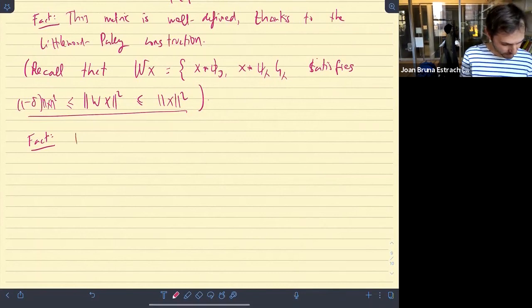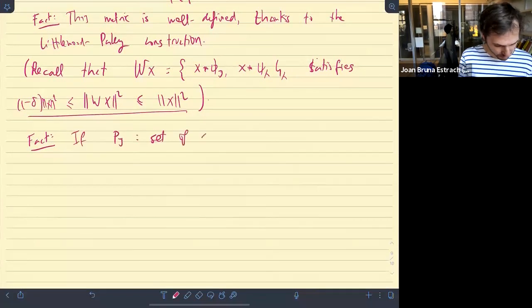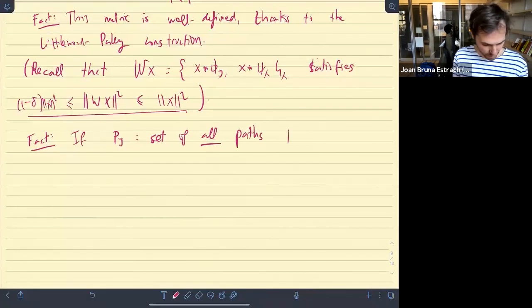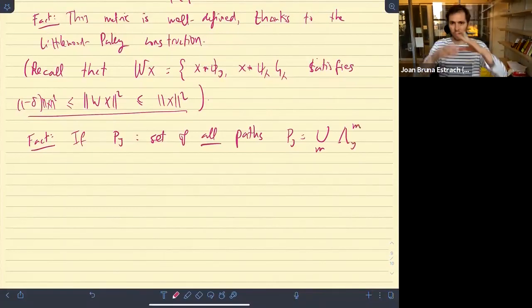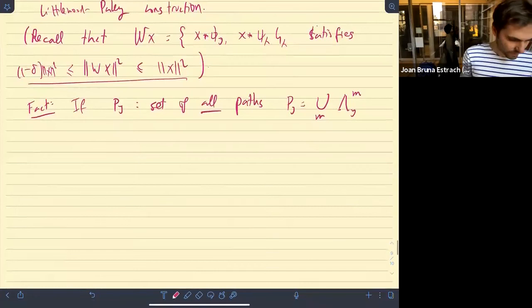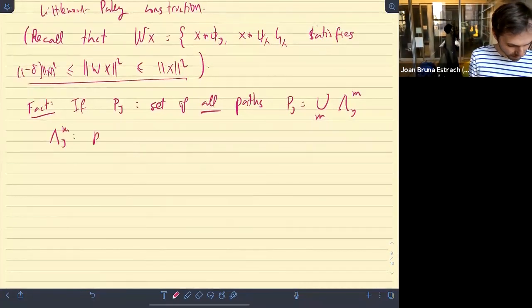If PJ is the set of all paths, basically I just look at PJ, which is the union over all m of all the transforms. So basically I look at the full tree, and these are paths of length m.